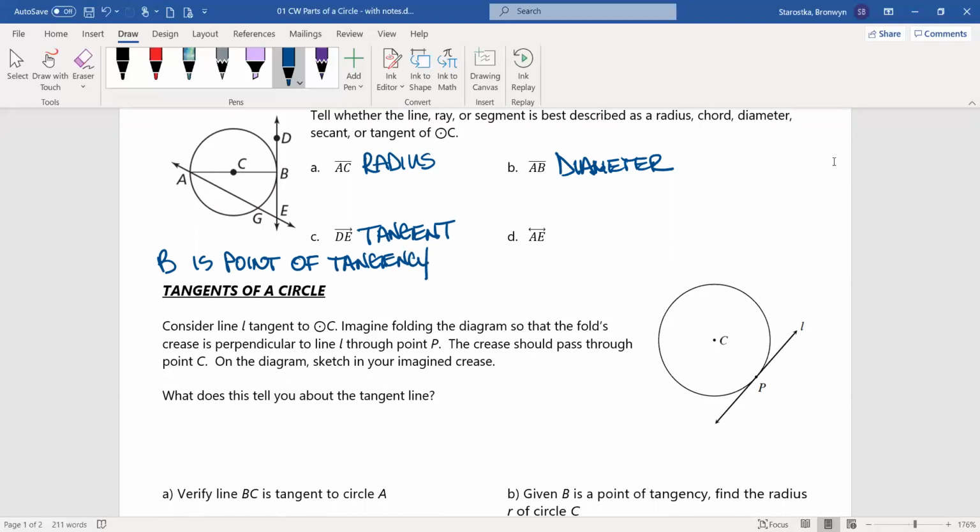And for the last one, it's not a segment over AE, so it's a line, so we would call that the secant. If it was segment AE like this, we'd call it a chord.